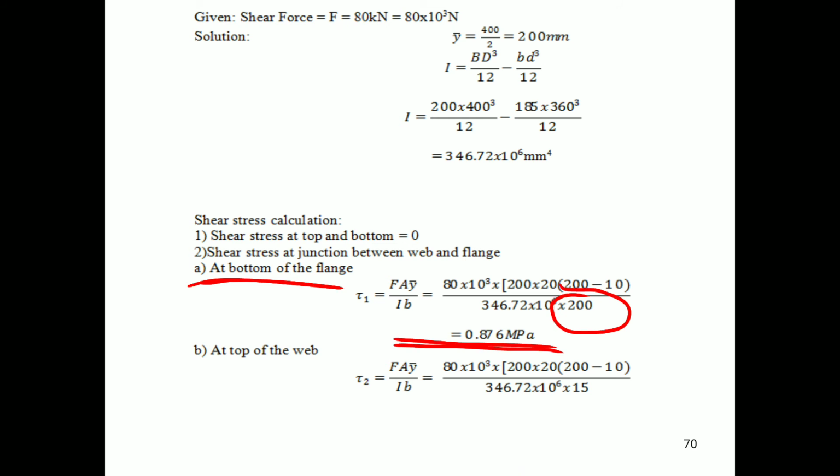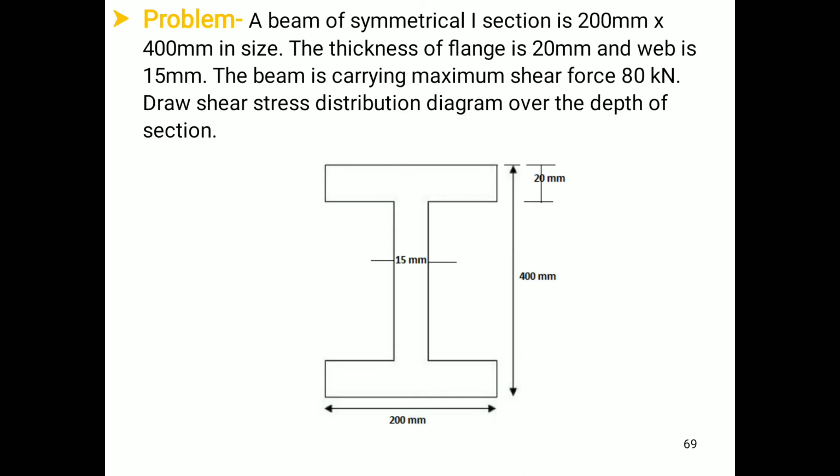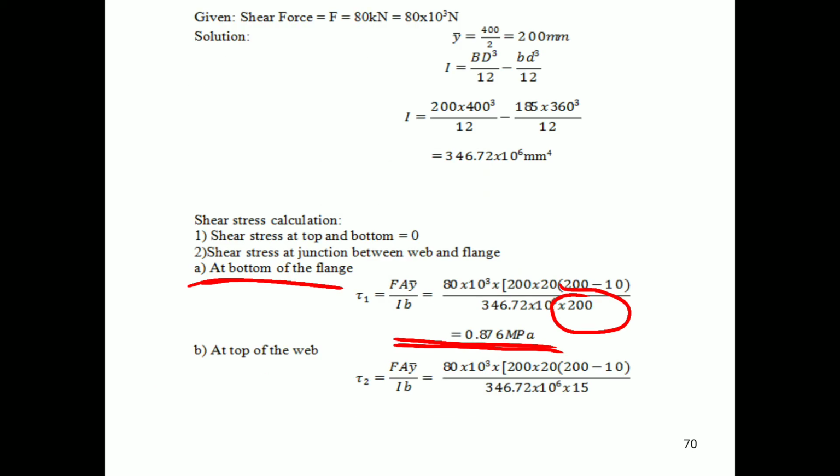Now we have to calculate the value of shear stress at the top of the web. At the top of the web means this particular part. At this junction we have to find the value of shear stress. The remaining things will remain the same, only the width will change. So this width will be the thickness of the web.